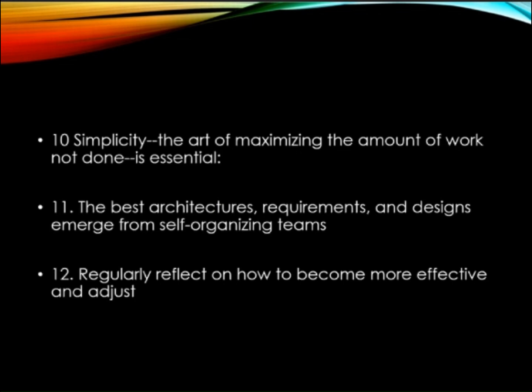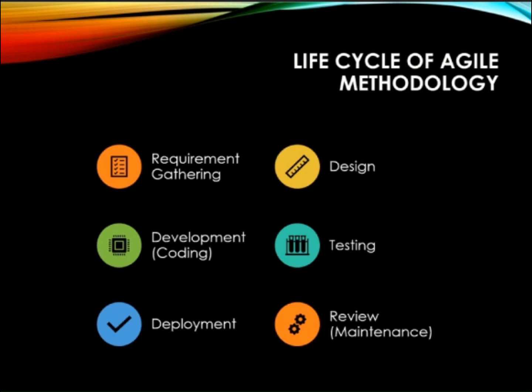I tried to explain with very easy examples. Now our next topic is the life cycle of agile methodology. I will try to explain in very easy language with real-time examples. So one by one we will go.